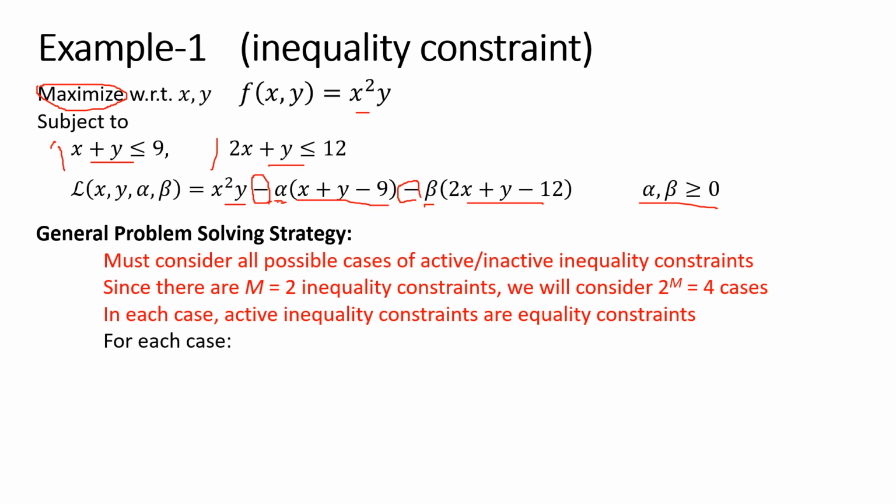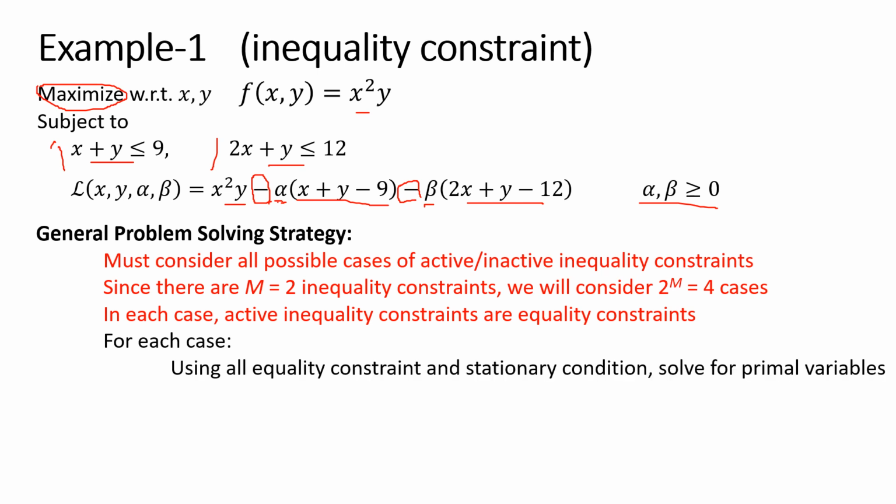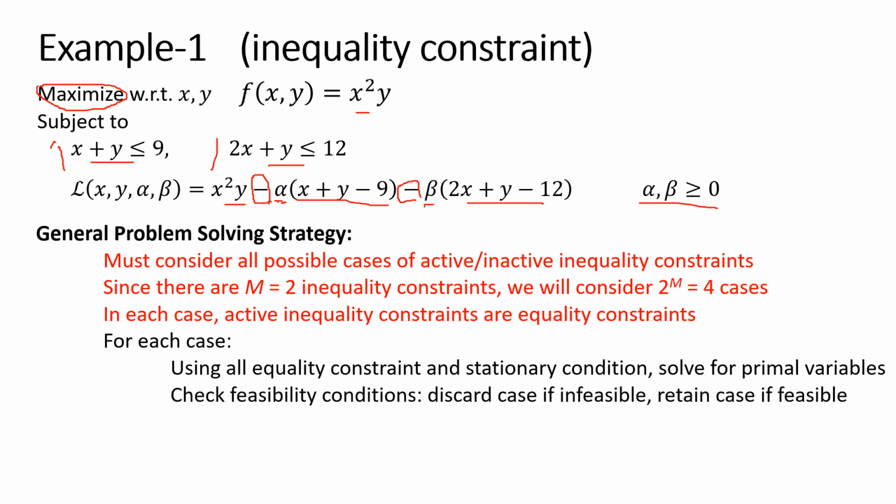And for each case, this is what we do. Using all equality constraints and stationary conditions, solve for primal variables. Check feasibility conditions, discard case if infeasible, and retain case if feasible. One caveat here, when checking the feasibility conditions, in general, we must also check the dual feasibility conditions to see that the Lagrange multipliers corresponding to the inequality constraints are not negative.